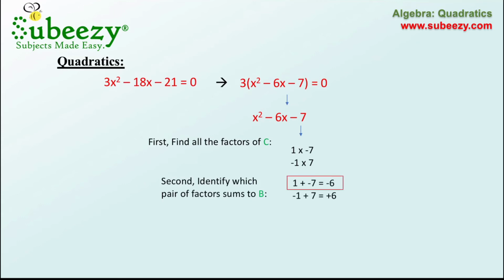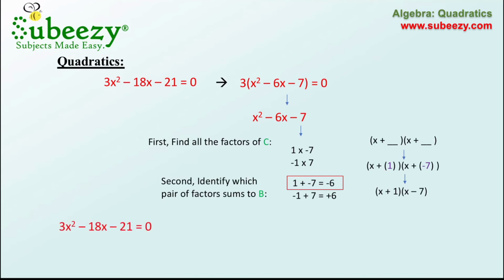The factor pair that when added together equals negative 6 is 1 and negative 7. So now we take our two quantities, x plus blank and x plus blank, and fill them in with the two values of the factor pair of c that when added equal b. We end up with x plus 1 times x minus 7.